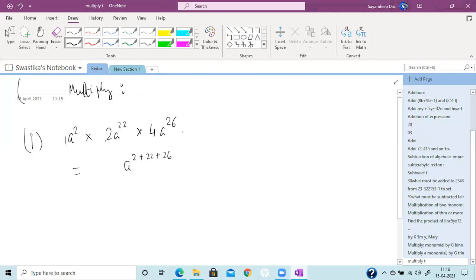So 1 into 4 into 2, that is 2 into 4, it is equal to 8. 1 into 2 into 4, 8. So 8a to the power, you can see it is 50. 2 plus 22 plus 26 is equal to 50. So that is the method to multiply this kind of monomials.